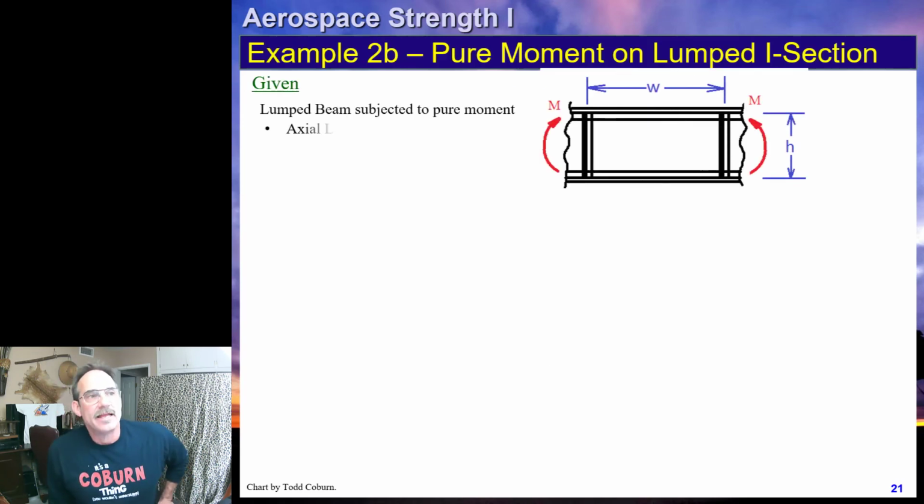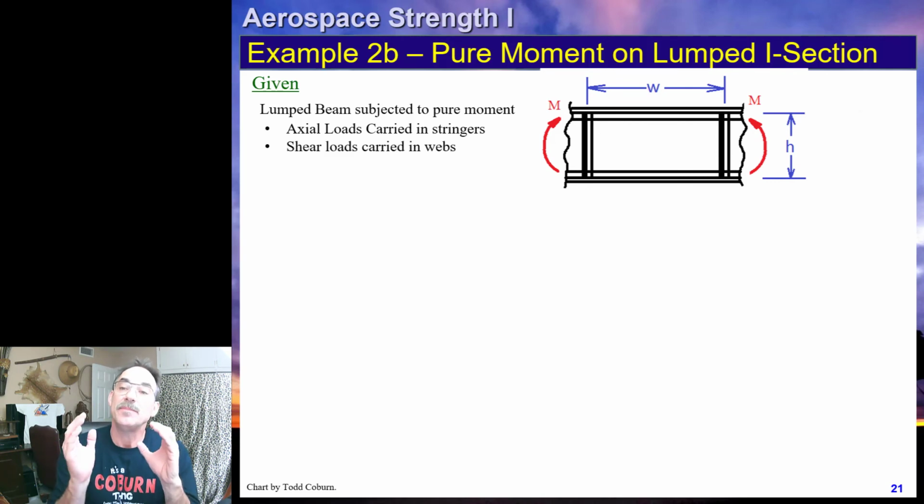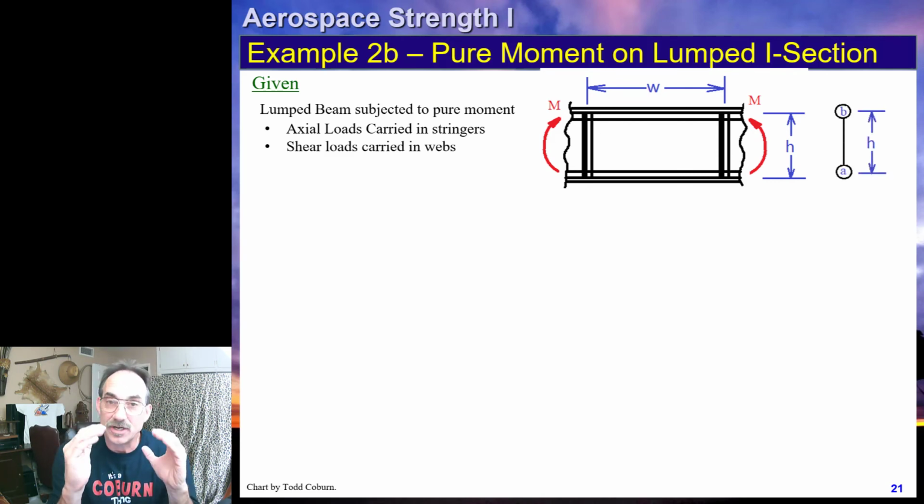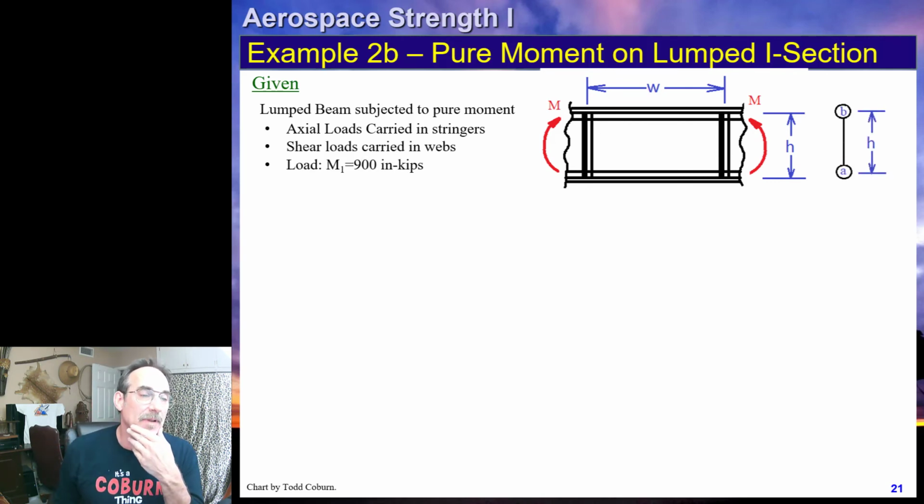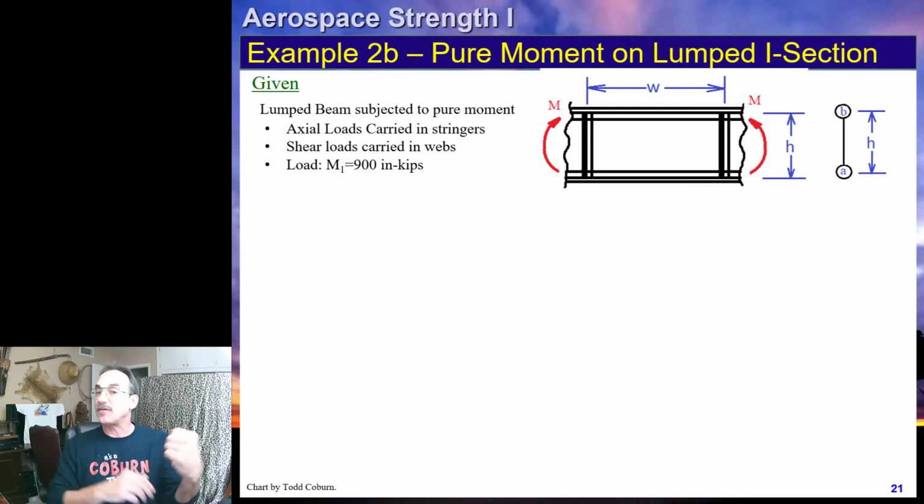All right. Now, once again, if we have a lumped section idealization with this moment applied, let's say we have a typical floor beam with vertical stiffeners located every W inches, and the distance between the centroids of our caps is about H, often 8 or 10 inches.